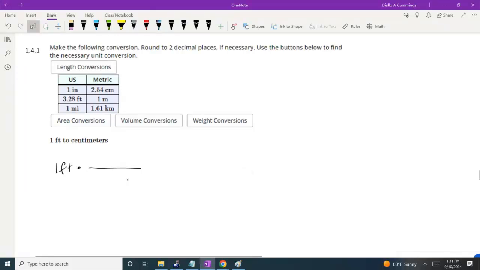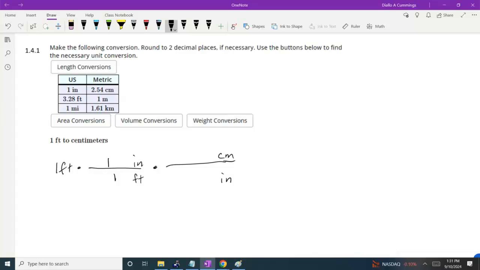So I'm going to change feet to inches. For my first unit fraction, I'm going to put foot in the denominator because when we multiply, our unit of foot will cross cancel, and inch in the numerator. For my second unit fraction, I'm going to convert inch to centimeter, so inches goes in the denominator and centimeter goes in the numerator.